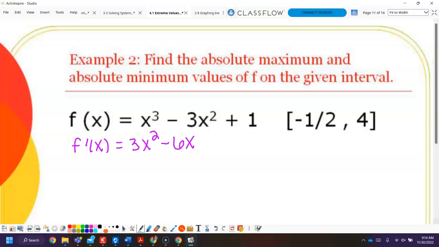DNEs are going to come in from the denominators a lot of times. I've given you nice differentiable polynomials to start. So take out a 3x, leave yourself with x minus 2. Therefore, my critical points are at 0 and at 2.